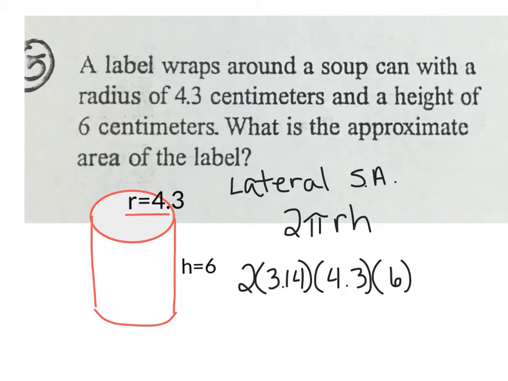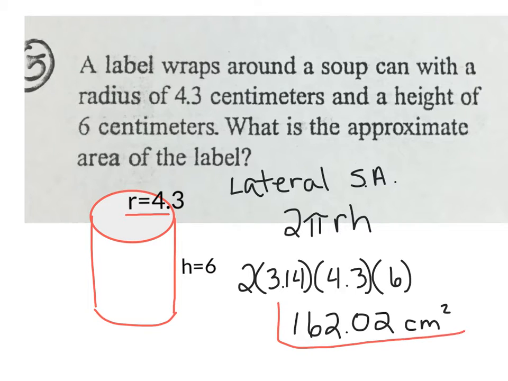Okay, so let's put that, see what we get. 2 times 3.14 times 4.3 times 6. We get about 162.02. This is in centimeters, so that's centimeters squared. Getting easier. All right.